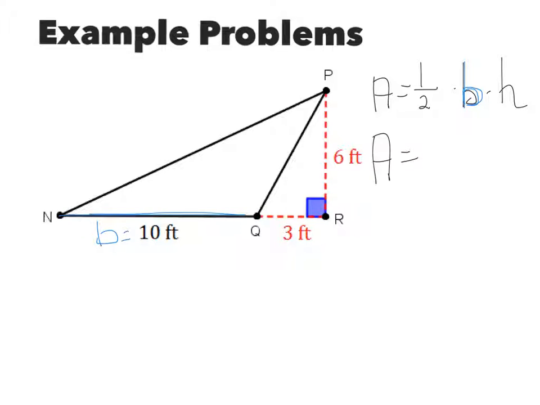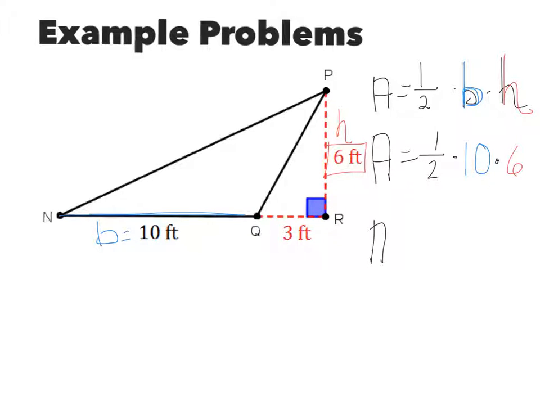Next, my height is how tall it is, which is this 6 right here. Sometimes your height has to be on the outside when the triangle doesn't have a good place to actually put the height on the inside. So then I'm going to plug my height in here. So we have 1/2 times my base, which was 10, times my height, which was 6.